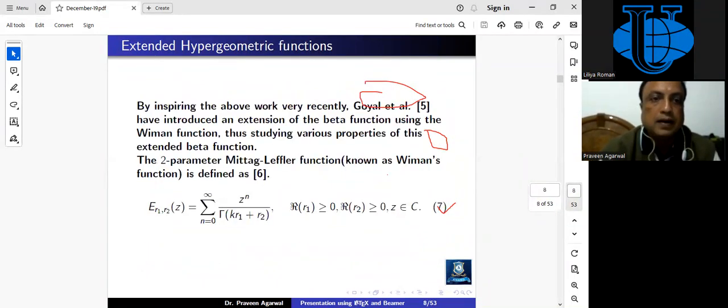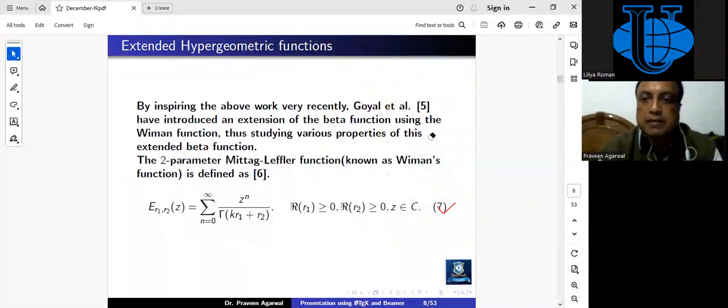Then, inspired by the above work, very recently, Goyal et al. have introduced an extension of the beta function using the Mittag-Leffler function and have studied various properties of this extended beta function, which we can represent by equation 7.